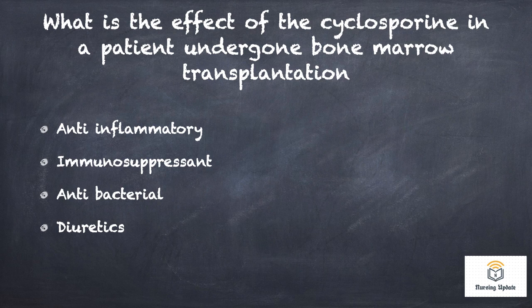What is the effect of cyclosporine in a patient who has undergone bone marrow transplantation? Option A anti-inflammatory, option B immunosuppressant, option C antibacterial, and option D diuretics. In leukemia or lymphoma, they undergo bone marrow transplantation.